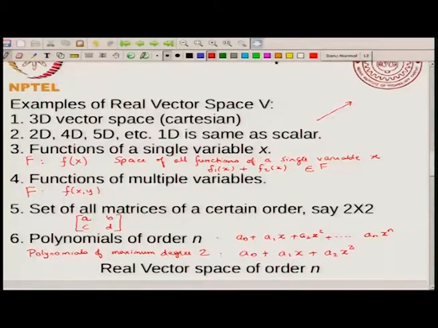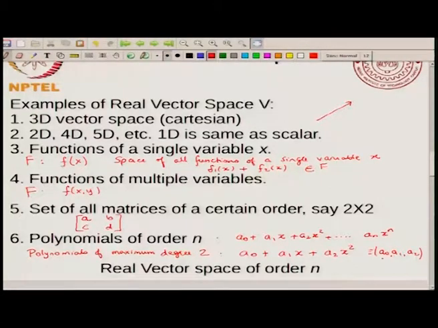Now what you see is that if I want to specify the polynomial I just need to specify a0, a1 and a2. So I can write this as a0, a1, a2. And so what you immediately realize is this is just like a 3-dimensional space, because there are just 3 real numbers that you need to specify in order to specify any polynomial of maximum degree 2.